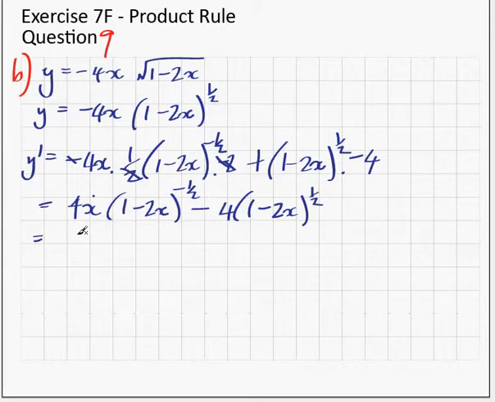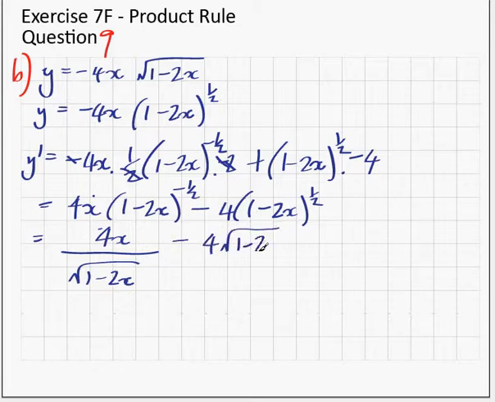Let's get rid of the indices now. Minus a half means on the bottom of a fraction and it's a square root. So I want to get a common denominator here.